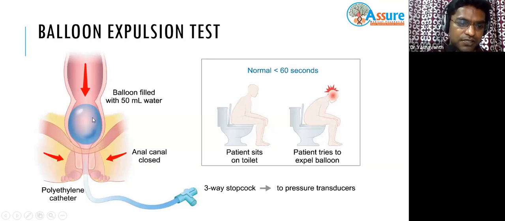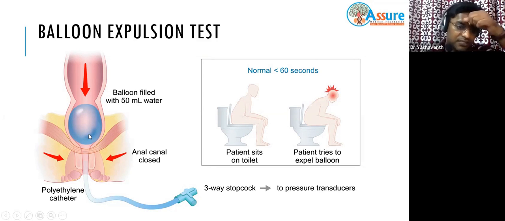Next, the balloon expulsion test. What you do is you place a balloon in the rectum. Ideally it should be filled with water, but most centers will fill it with air. The patient should be placed on a commode and asked to try to evacuate the balloon. Normally, a normal subject will be able to do this in less than 1 minute.